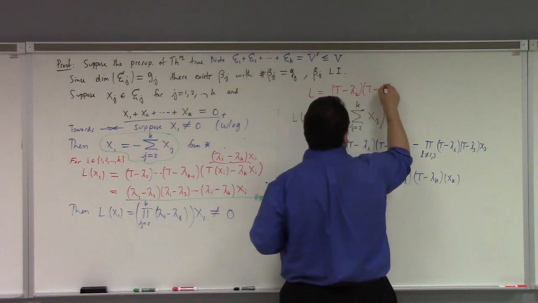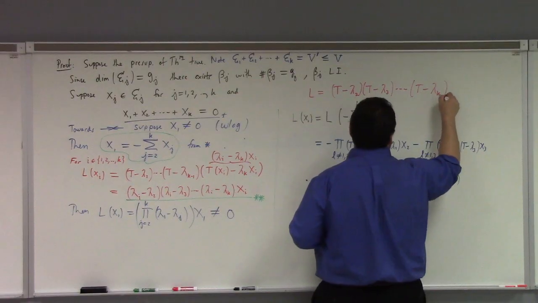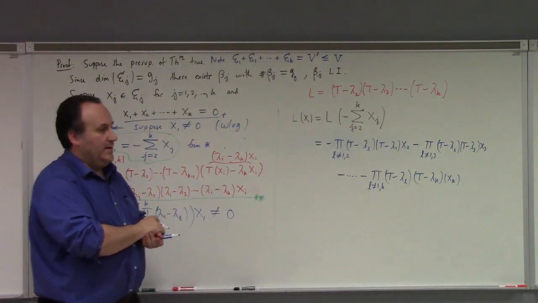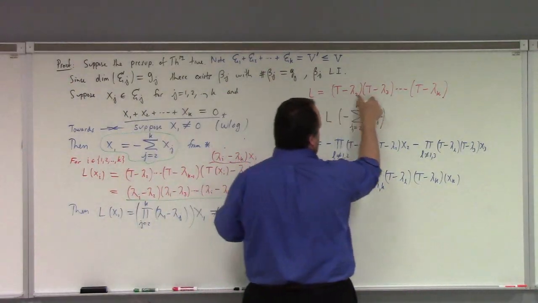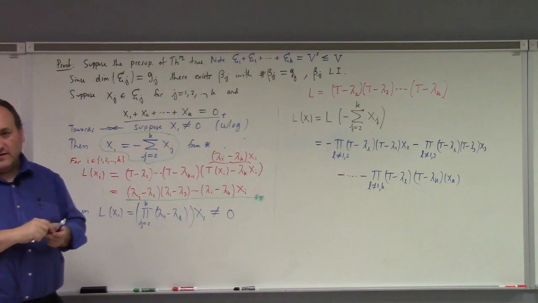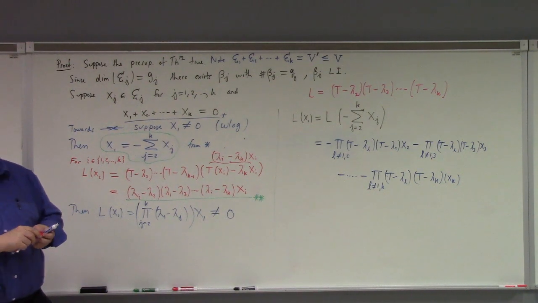That was how we defined L, right? And so these operators commute because T commutes with itself, and any scalar multiple of the identity commutes. You prove that for matrices, but I'm just arguing that the same is true for operators. A scalar multiple of the identity operator commutes with all other operators.